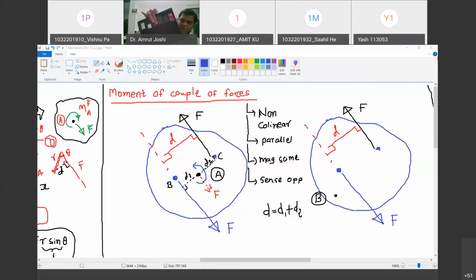And I am applying F bar like this. What kind of rotation does it produce? Tell me. Okay, anti-clockwise. F bar is like this. Is it producing anti-clockwise rotation about A? Yes, sir. Do you agree with me? That is the thought experiment you have to do.